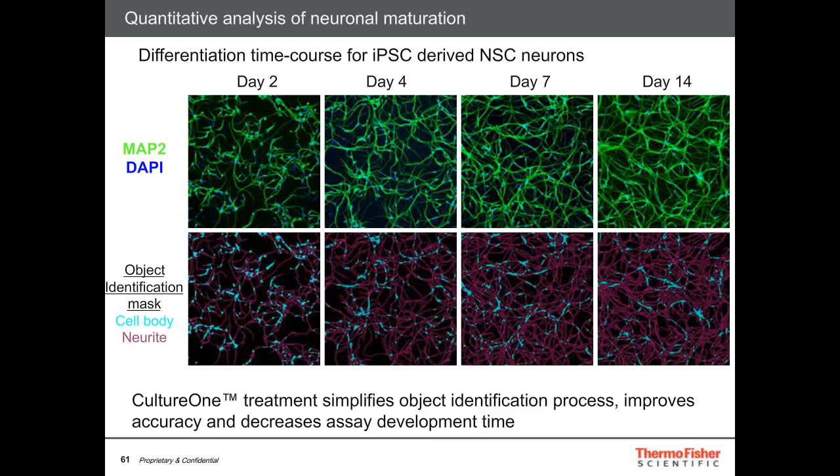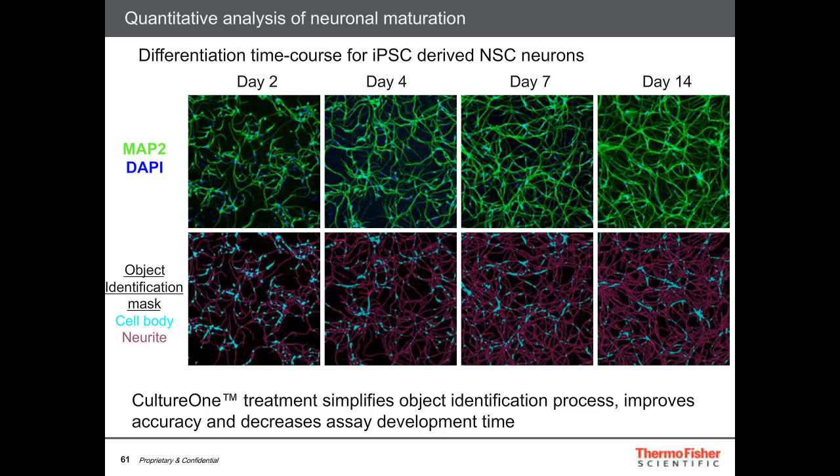So this is a differentiation time course for iPSC-derived NSC differentiation to neurons with CultureOne. At day 0 of this experiment, NSCs were plated in differentiation media with CultureOne, and the cells were fixed at day 2, day 4, day 7, and day 14. And then they were stained with the MAP2 antibody.